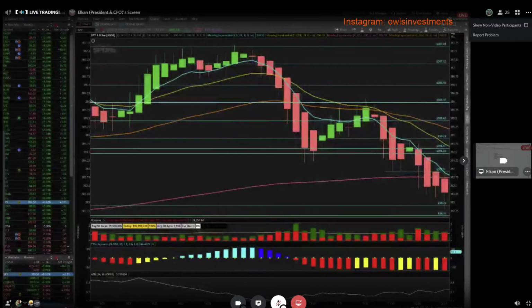Sometimes it happens that I buy a put, and right after I buy, there's a big green candle building. But I always tell you guys, don't panic. Let's wait, let's see what happens. Just because the volume is showing you green doesn't mean we're going to go up 2 points.